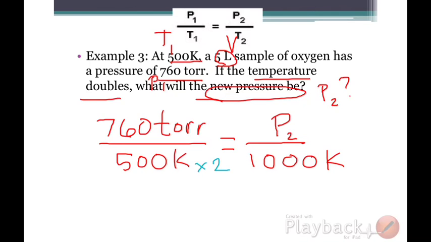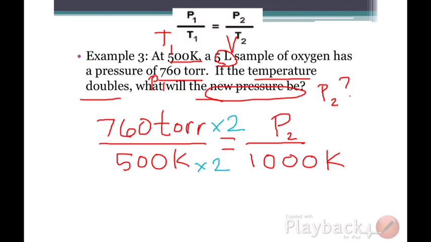Great. So we already know our relationship here, because we had to figure out the relationship between temperature 1 and temperature 2 to find temperature 2. So our relationship between our two fractions is times 2. So we just do that on the top also, in the numerator. So we're going to do 760 times 2 to get our new pressure. 760 plus 760 is 1,520.